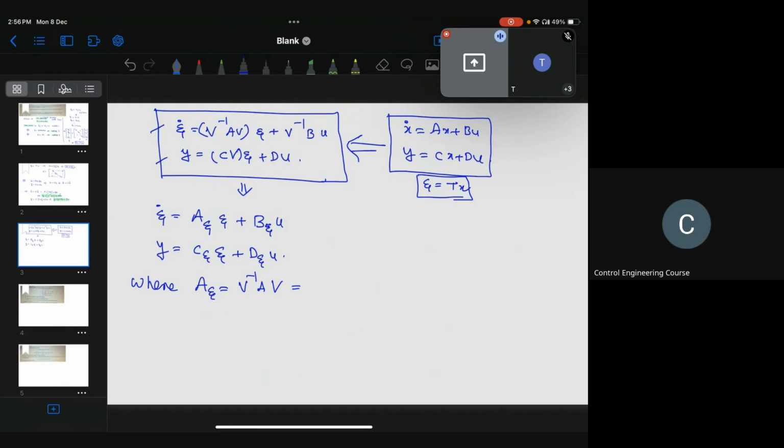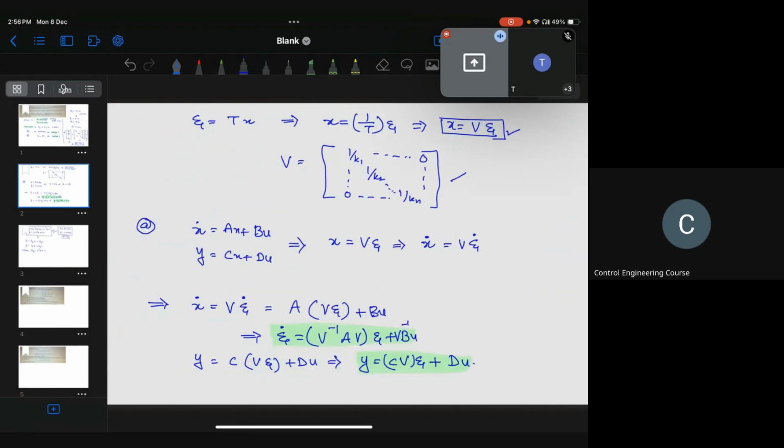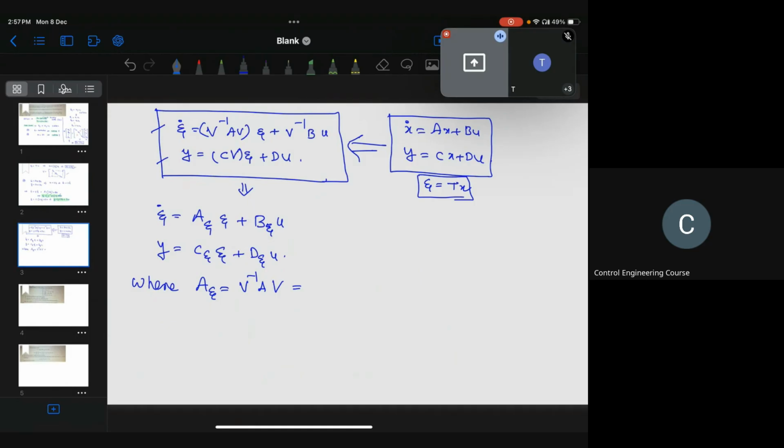We already know the expression for V, it is this matrix. So let's write it down: the matrix with 1 by k1 etc. 1 by kn, the rest zeros, inverse, times A with entries a11 etc. a1n, similarly an1 etc. ann, and the last matrix is 1 by k1 etc. 1 by kn with zeros.